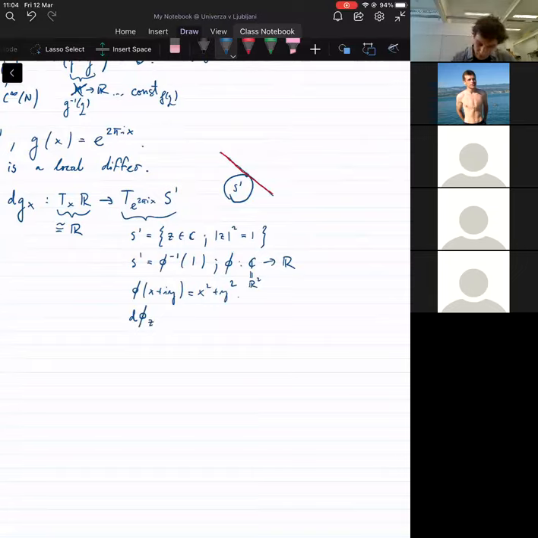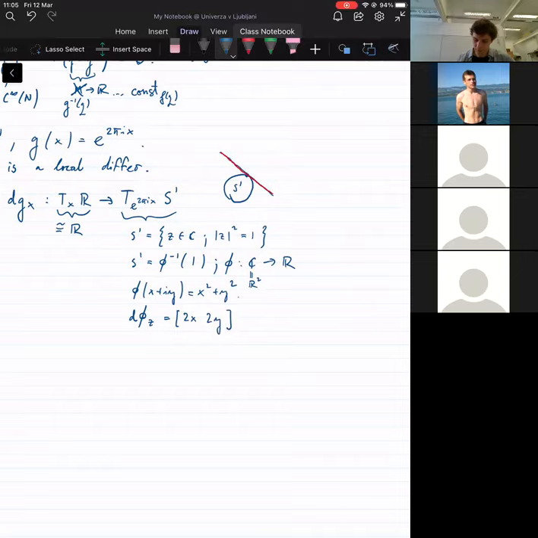So this may as well be written as x comma y or x plus iy. And of course, this is nothing else but the partial derivatives, so the gradient of this function, x squared plus y squared. So what we get is 2x and 2y.